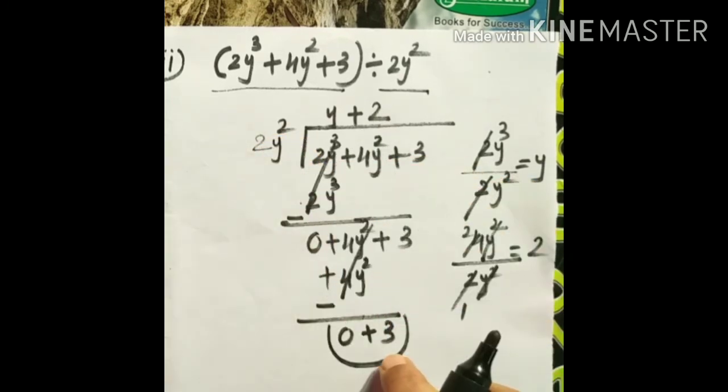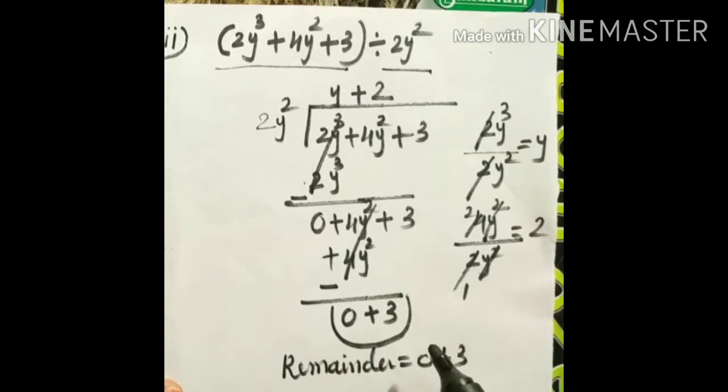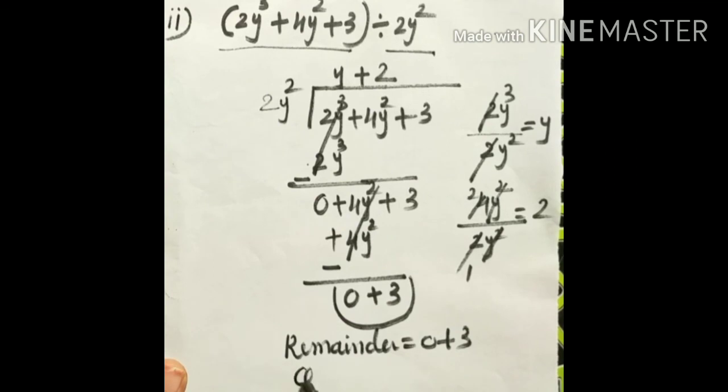Further we can't divide. So that's why the remainder is equal to 0 + 3. And what is the quotient, children? Quotient is equal to y + 2.